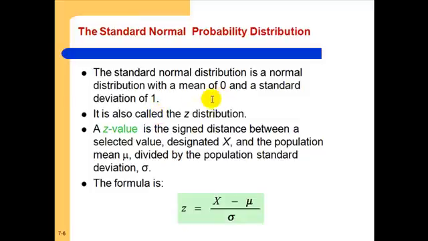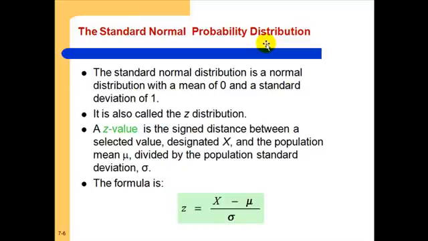A Z value is the distance between a selected value, designated x, and the population mean mu, divided by the population standard deviation sigma. The formula is: Z equals x minus mu over sigma. Once we find the Z value of a certain value, we can convert any kind of normal distribution into a standard normal probability distribution.